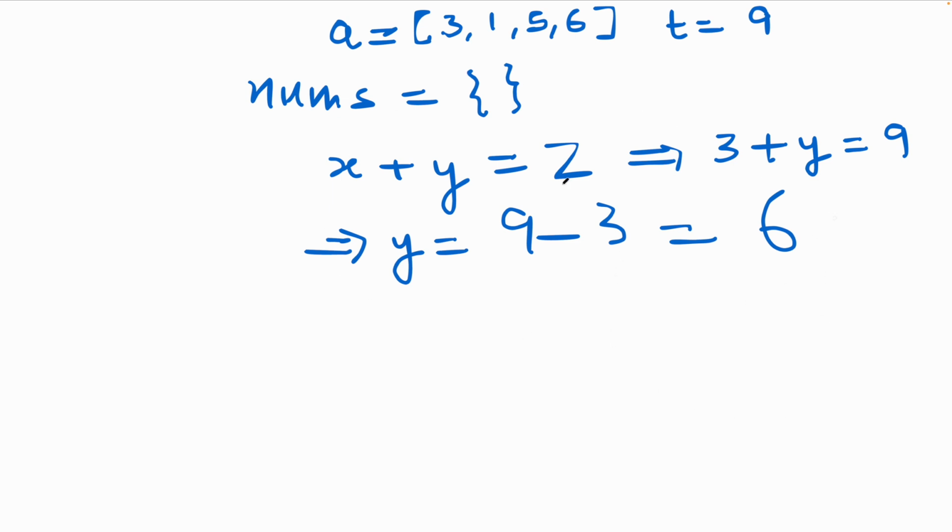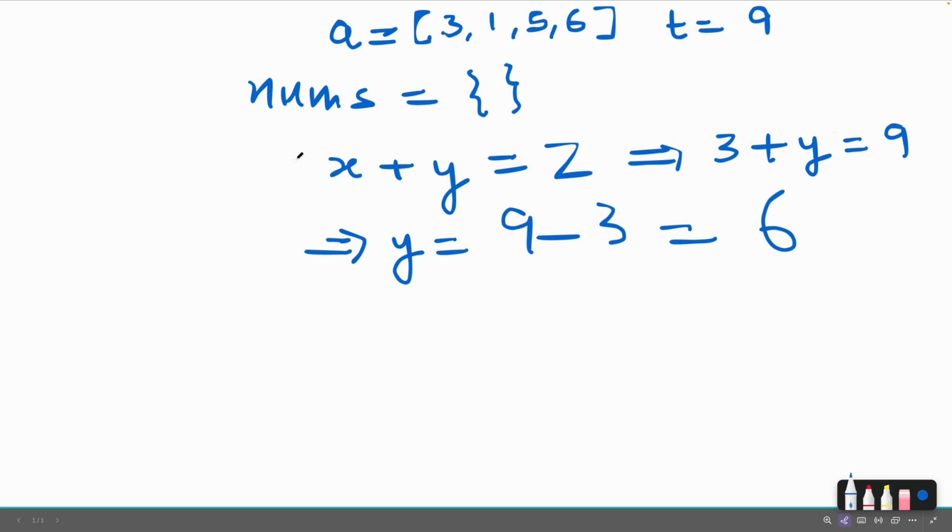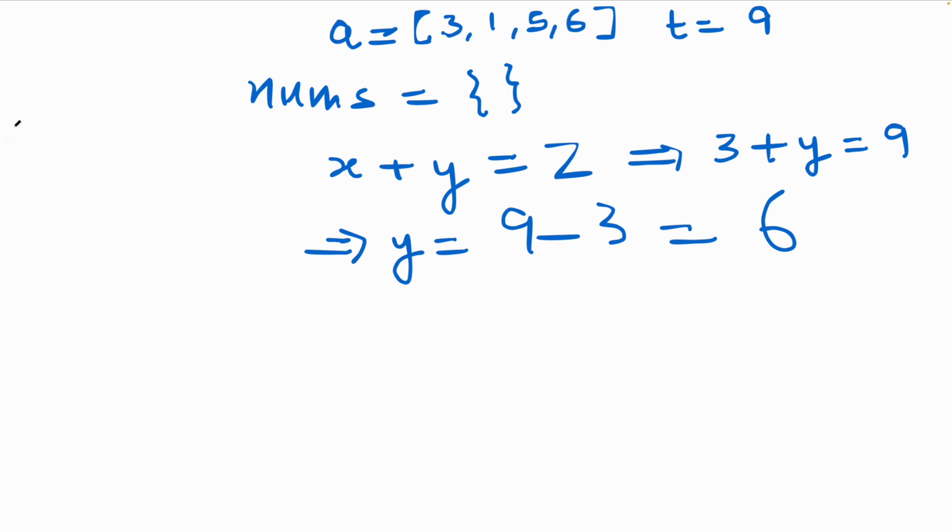So let's try to do this with our dictionary. Our first element is 3, so the difference will be 9 minus 3, which is 6. But because the dictionary is empty, 6 doesn't exist in it, so we put the number 3 in the dictionary with its index position, which is 0. This is our first entry.